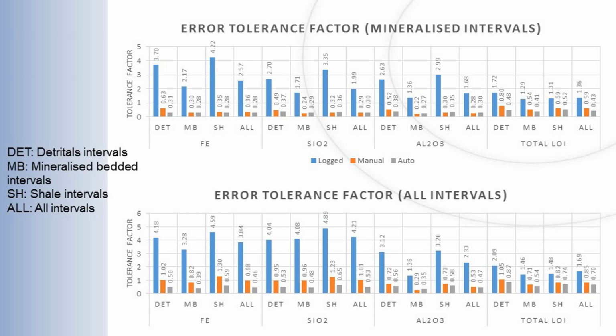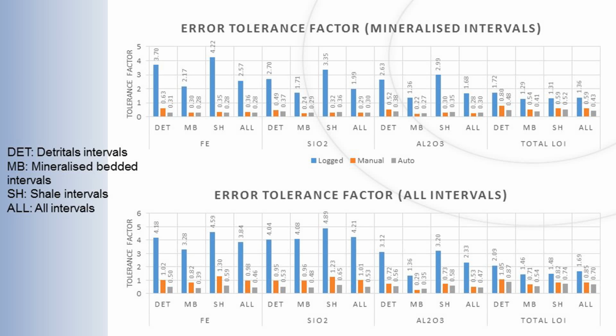But what we can see here is that the manual validations, for example here, are generally pretty good. The auto-validated compositions are slightly better in some cases, but remember that anything less than 1 is equally good. The top chart is for the mineralised intervals. The bottom chart also includes the low-grade intervals, where the iron's less than, say, 55%.